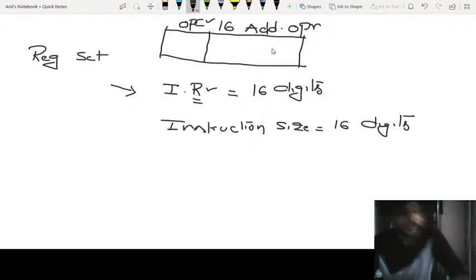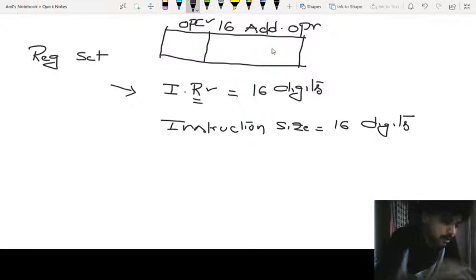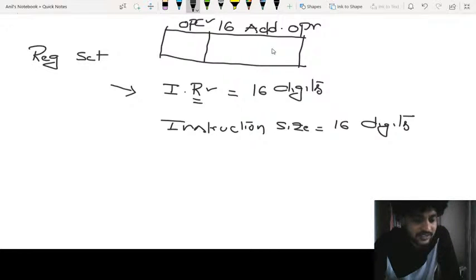Now, if you have an opcode, how many operands do we generally require? Let us take an arithmetic operation. If I want to perform an arithmetic operation, minimum how many operands do I require?